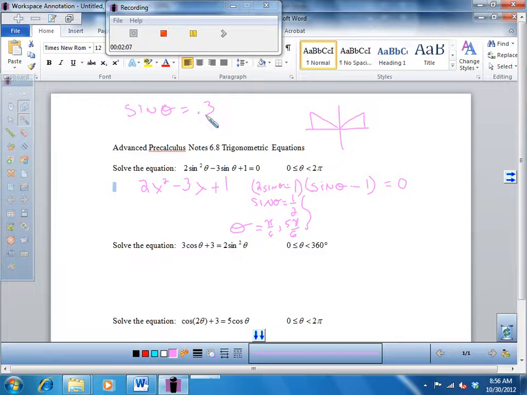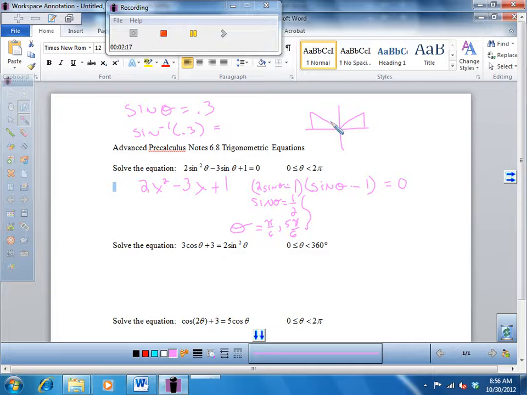You would take the inverse sine of 0.3 and get out whatever that angle is. That gives you a positive angle, and then you'd have to subtract it from pi radians to get the second angle.